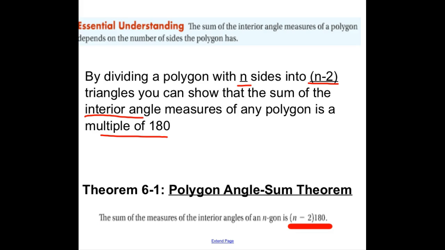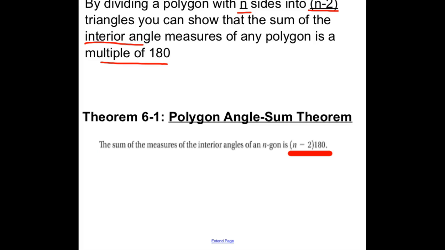And in fact, the Polygon Angle Sum Theorem right here says that the sum of the measures of the interior angles of an n-gon is n minus 2 times 180. You've got a fancy box to put that in. Write that down. So we're going to use this a lot over this chapter and then actually a little bit into second semester as well as we talk about polygons.